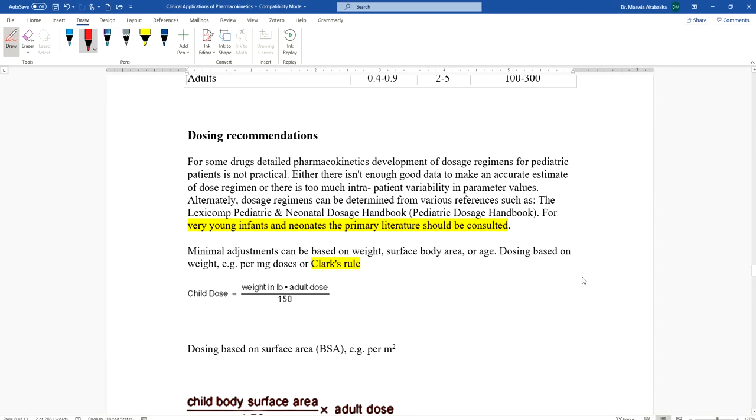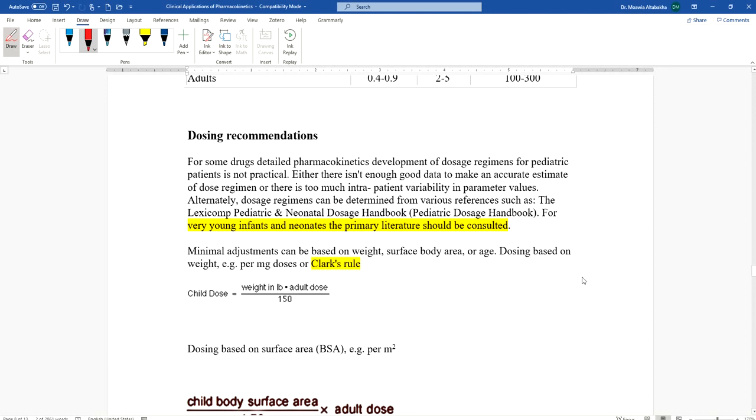Now, in this part, we will look at how we do the dosing. That is, if you are in a situation where you are asked to recommend a dose for children, how will you do that. And we will also talk about the geriatric population or the elderly.